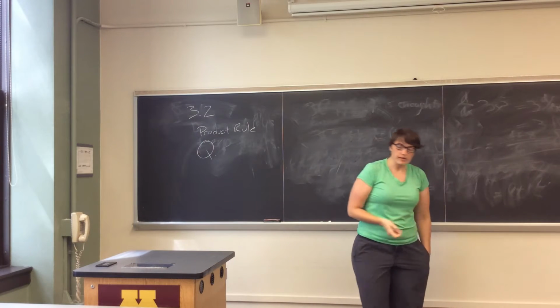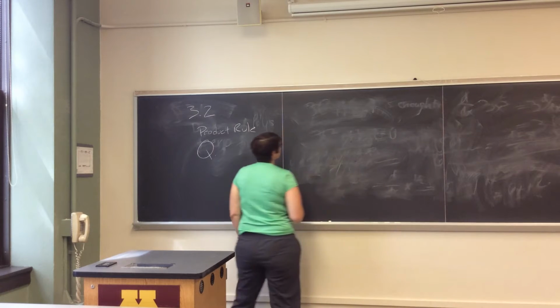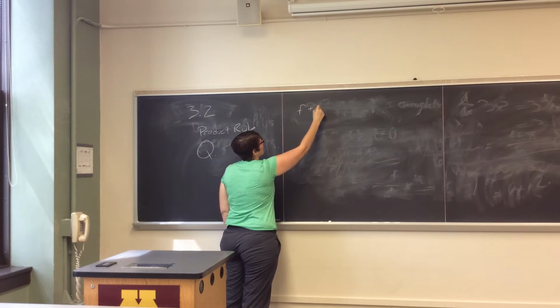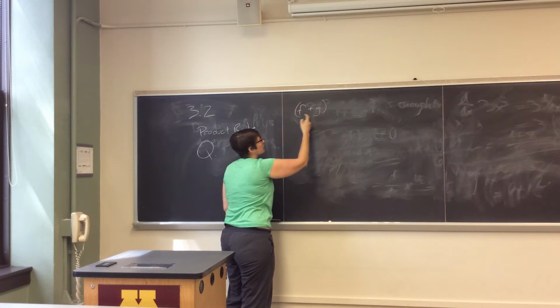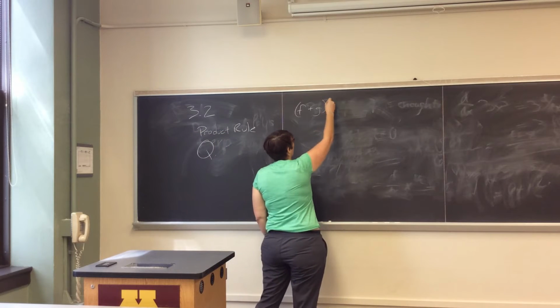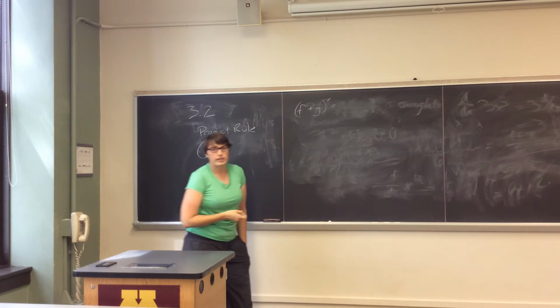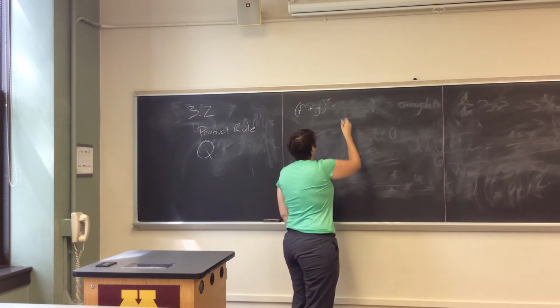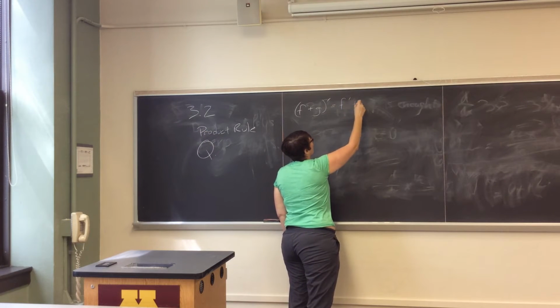Last section, we talked about the sum and difference formulas, which tell us that if we have two functions and we're going to add them together and we want to differentiate them using the prime notation, all we have to do is differentiate them individually and add them.